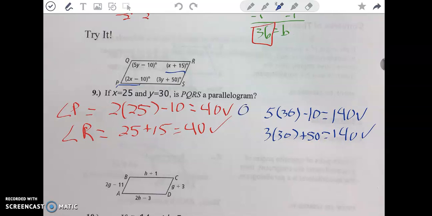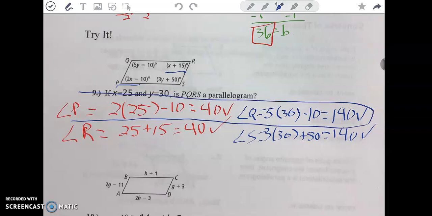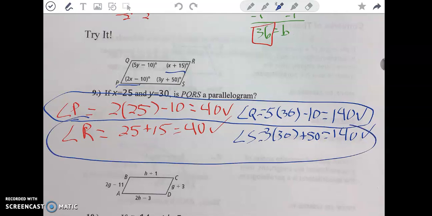So now we have angle Q, and I wrote it backwards. So we have angle Q and angle S. We got those to equal 140, so that checks out. So the next thing we have to check is, are P and Q supplementary? Are R and S supplementary?